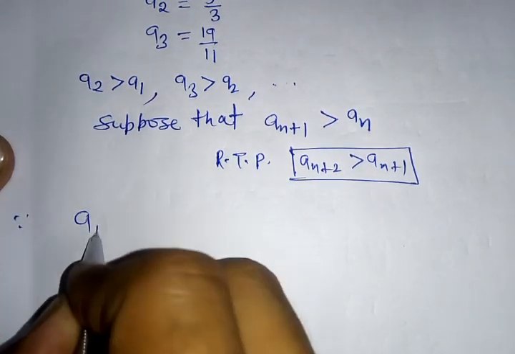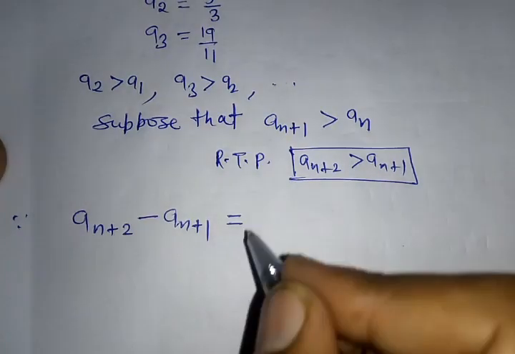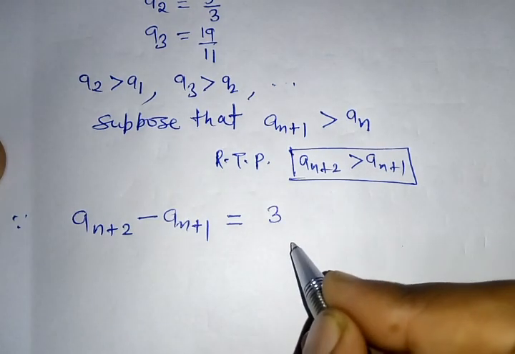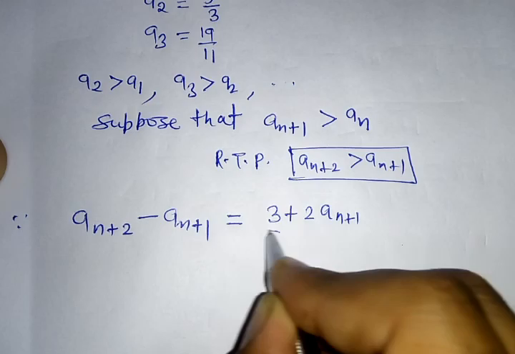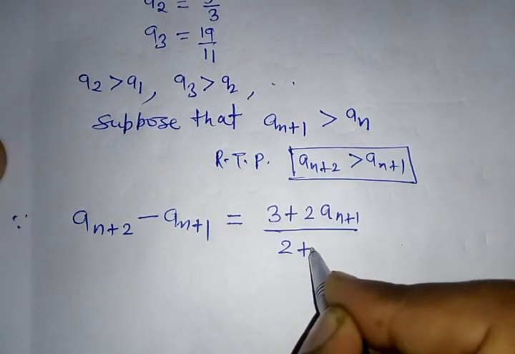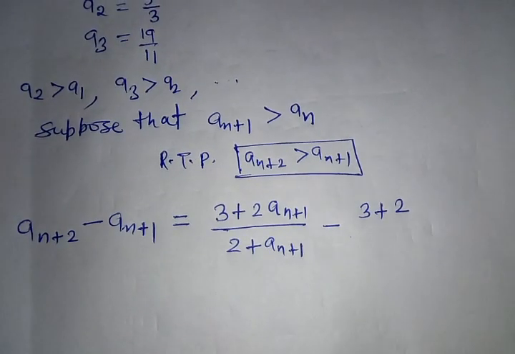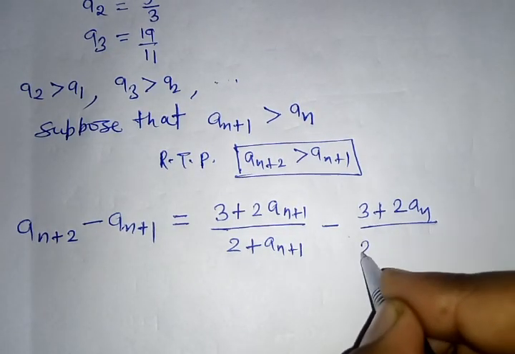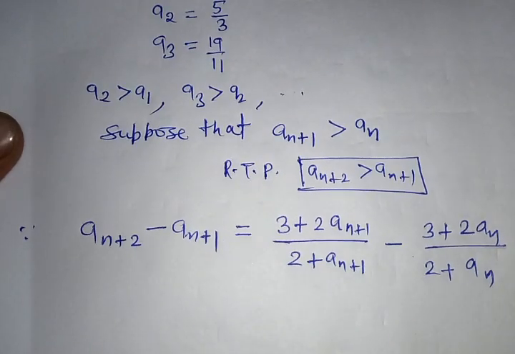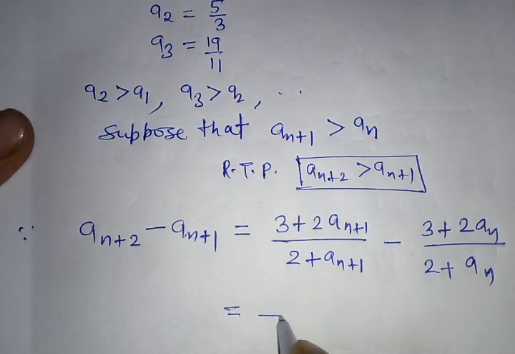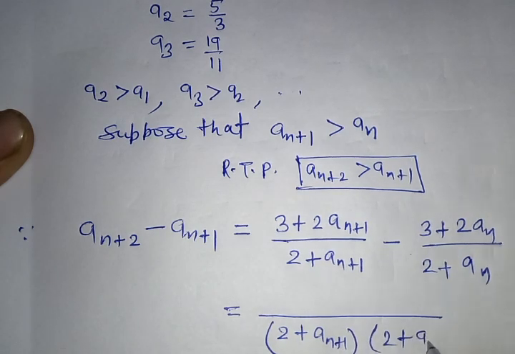Since an plus 2 minus an plus 1 equal to (3 plus 2an plus 1) upon (2 plus an plus 1) minus (3 plus 2an) upon (2 plus an), which is equal to the numerator over (2 plus an plus 1) into (2 plus an).